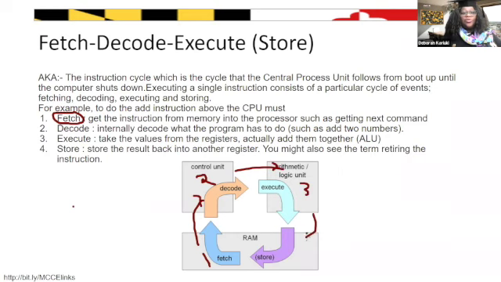Then it's going to go here in the central unit, where it's going to be decoding. And what is decoding? Internally, the program has to do stuff like adding things. So that's what's going to happen over there. Then you're going to have execute. So then it's going to use the register, actually adding the information that you said. So you've got the information, I need to decode this, I need to add.